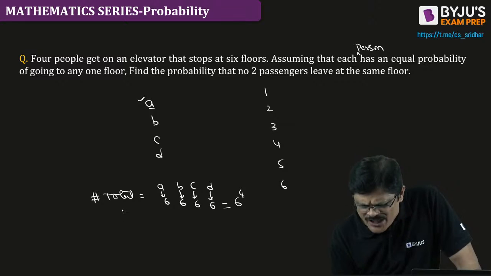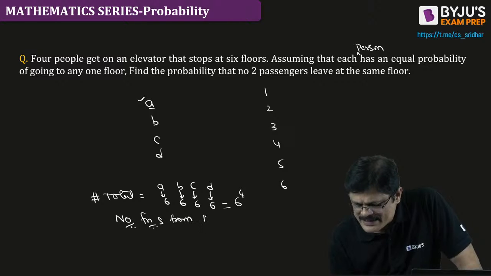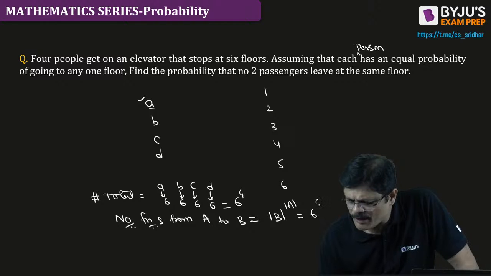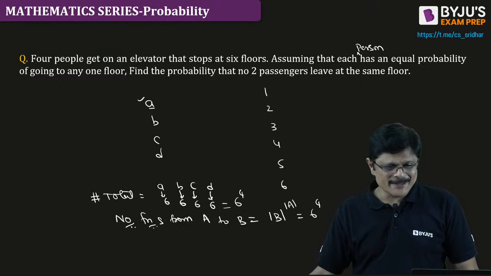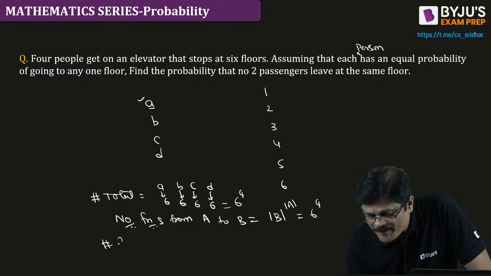So this is the same as the number of functions from set A to set B, given by the number of elements in B power the number of elements in A, which is 6 power 4. So this is the total. Now I am talking about the favorable number of situations.